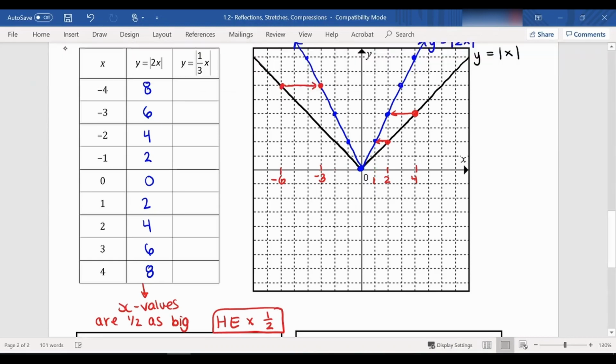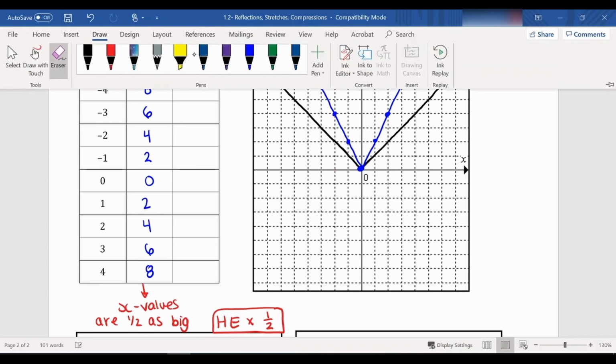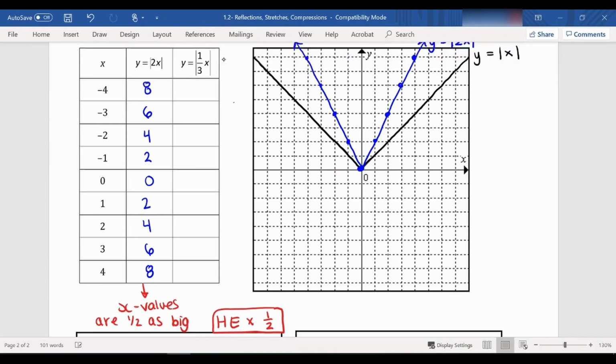I'm going to erase all the red stuff because we're going to do another one. So if I take a look at the next one, I have a 1/3 inside the function with the x. This means we're going to look at this from a horizontal lens again. Okay.